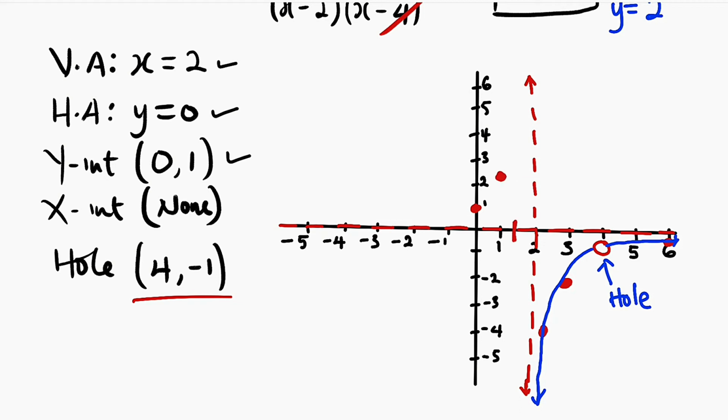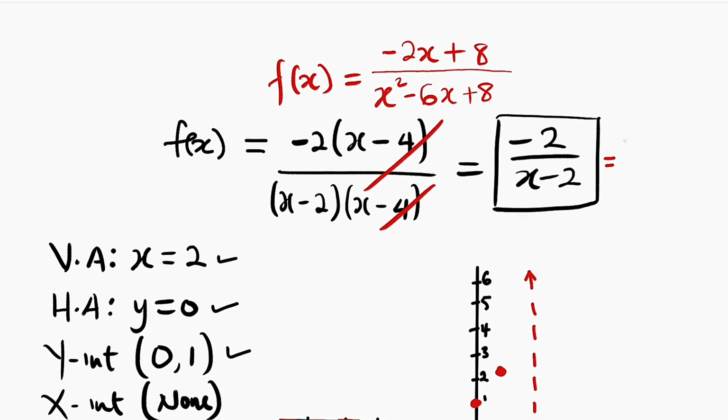Let me test 1.5 in between 1 and 2. Remember, we can never test 2. So this is equal to negative 2 divided by 1.5 minus 2 is negative 0.5.